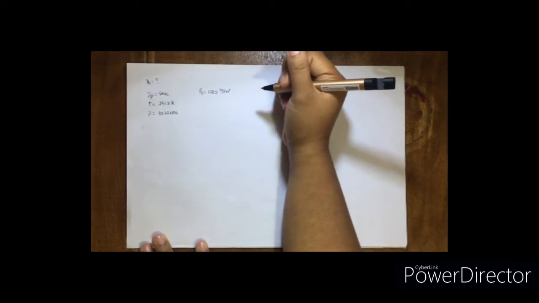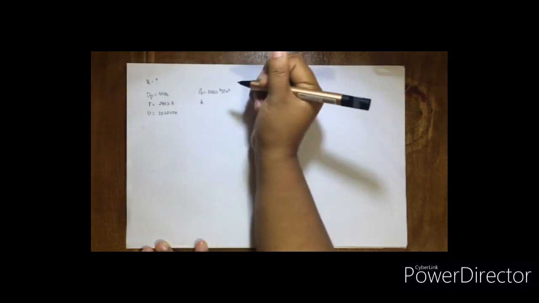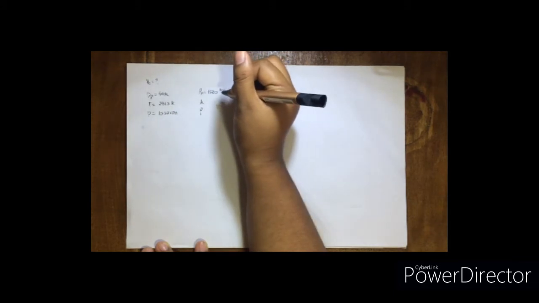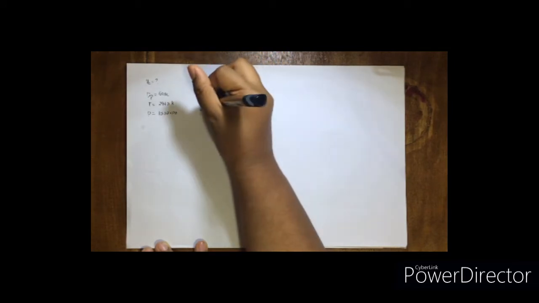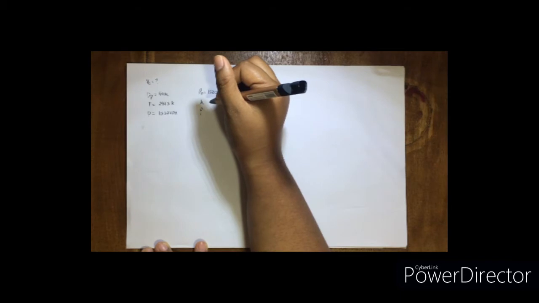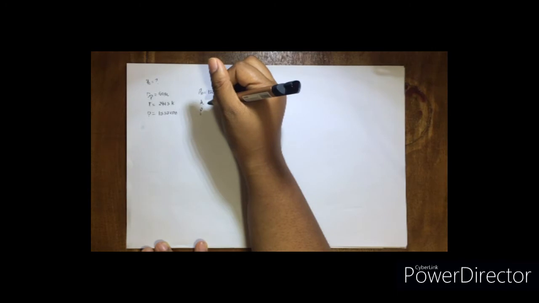Now, the parameters that we need to get are the viscosity and the density of our fluid where our particles are moving. These two can be determined using interpolation in the data that you can find in your Perry.